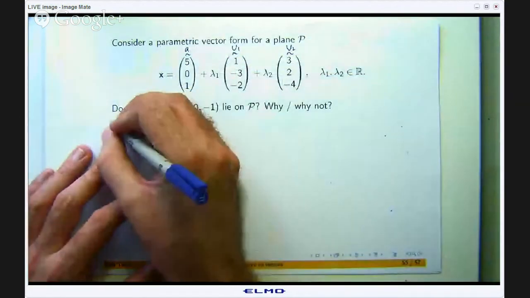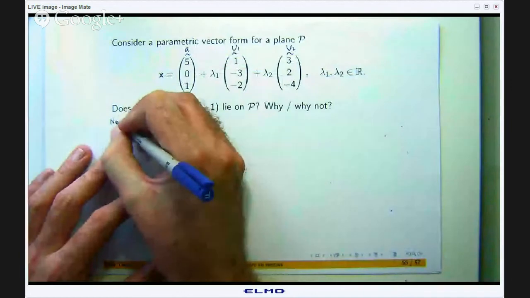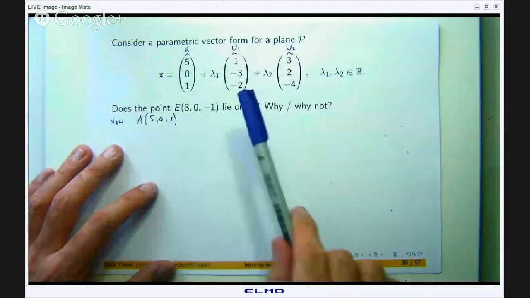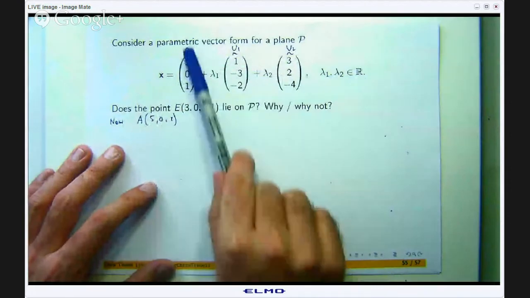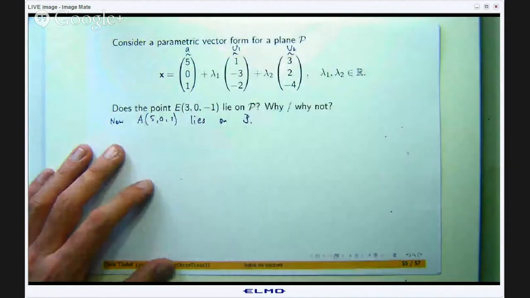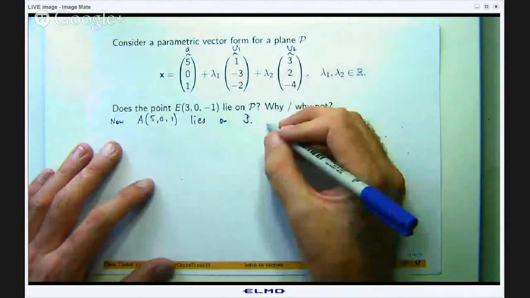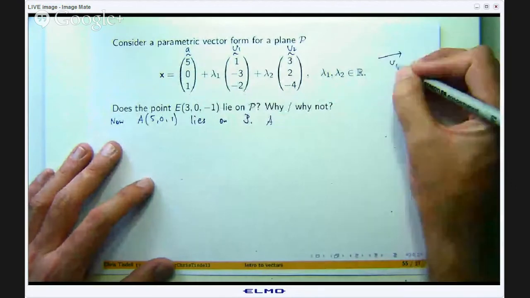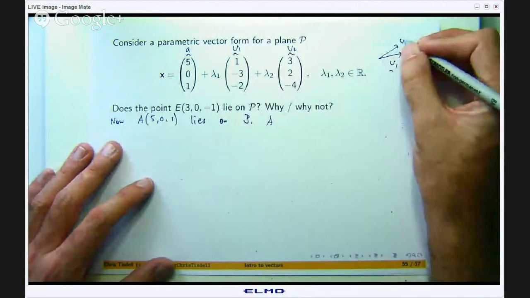All right, so the point associated with this position vector lies on our plane. Now, this vector and this vector are both parallel to the plane.